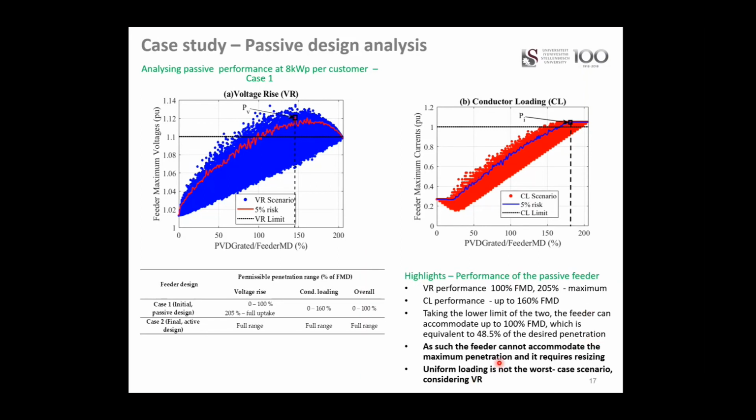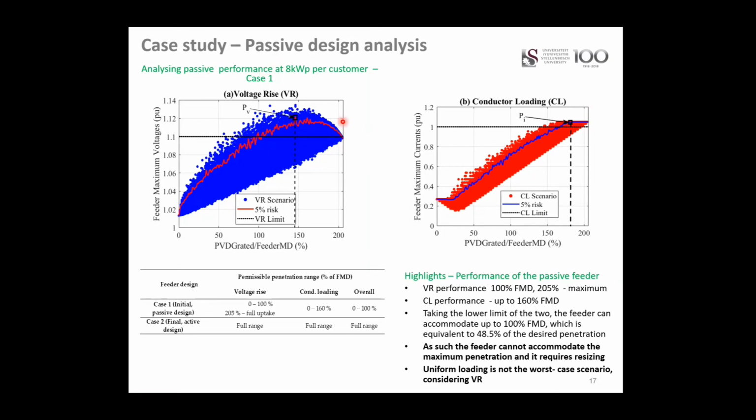And if you consider the conductor loading, you have about 160%, which is around here, of the FMD. If you're wondering what the feeder hosting capacity is, then you compare those two, and you get it based on the lowest value obtained when you have two parameters that you are assessing, that is your voltage rise as well as your conductor loading.